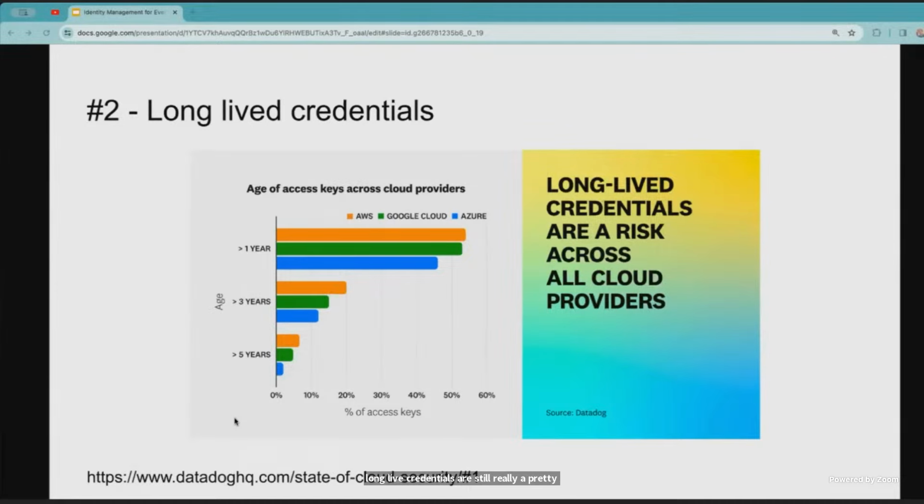And when I say long-lived credentials, I just mean some sort of API key that lives forever and doesn't expire. So you can see that the majority of access keys out there are greater than 1 year old. And then following that, we got a cross section that are 3 years, or some worse, 5 years old. So that's a pretty big delta there, but there are still a lot of long-lived credentials.